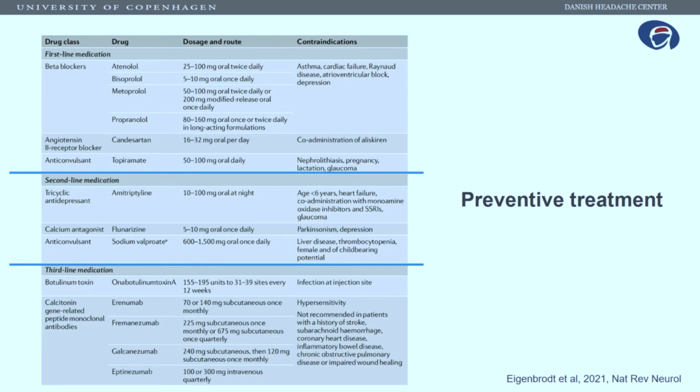AT2 receptor inhibitors, anticonvulsants with topiramate, in different formulations and different titration regimes to account for adverse effects and tolerability. And then you could move on to the 2nd line, where you have antidepressants, calcium antagonists, and valproic acid. And thirdly, you move on to botulinum toxin and anti-CGRP treatments.